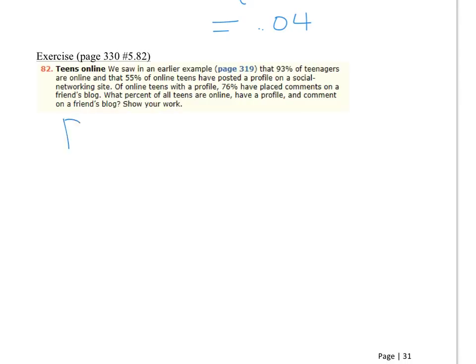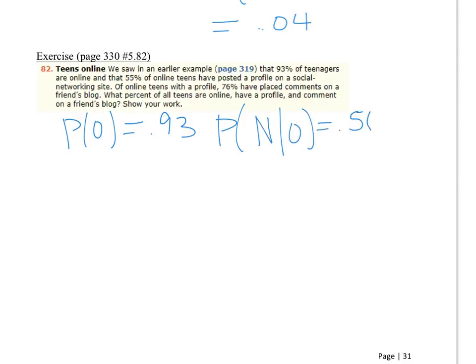I've got the probability of being online at 0.93. The probability of posting a profile on a networking site, given that I'm online, is 0.55. And then the percent of people who place comments, given that they are online and social networking, is 0.76.